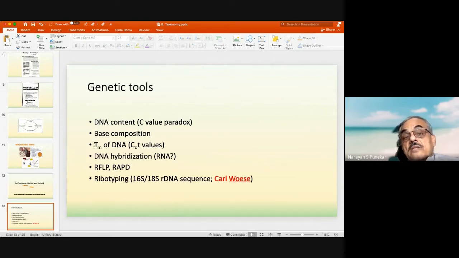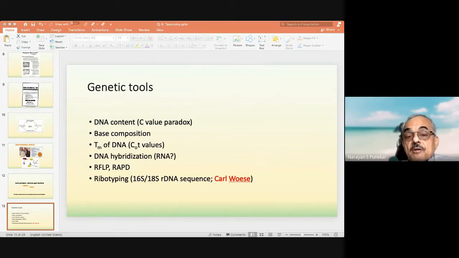The other gross genetic tool is Tm of DNA, that is the melting temperature of DNA. And obviously, this has something to do with base composition. I'm sure many of you know this. Okay, so DNA hybridization or RNA hybridization can be done, which will tell you about sequence similarities in some sense, crudely. Okay, you can do RFLP and RAPD. So does anybody know what is RFLP?